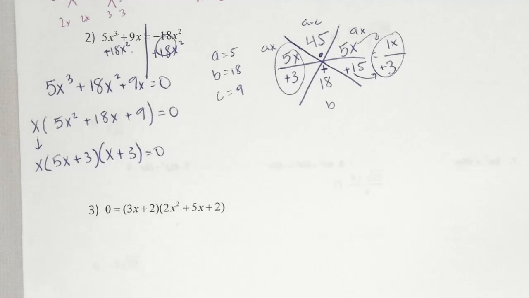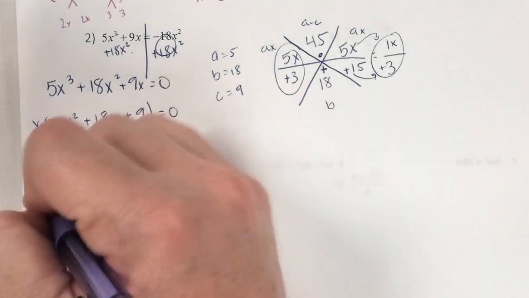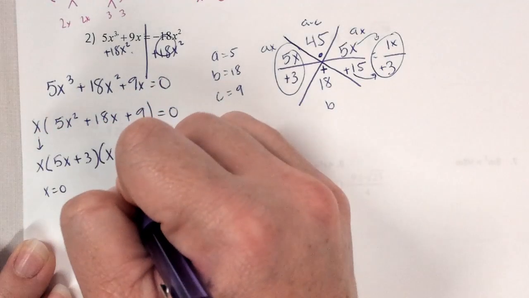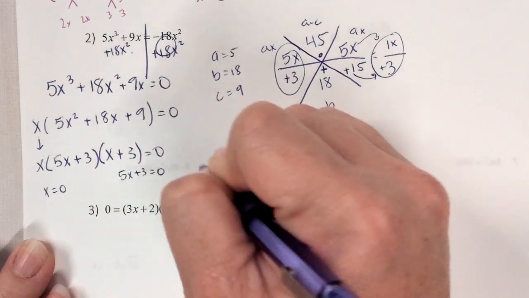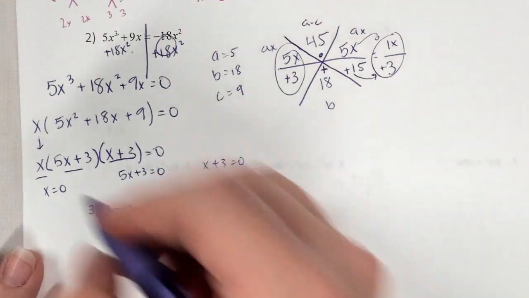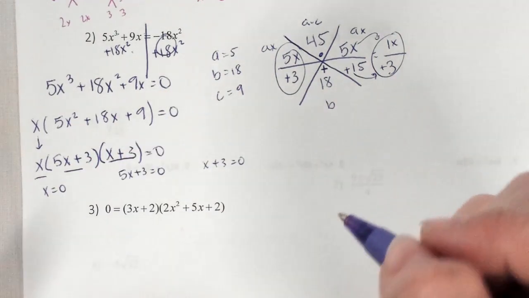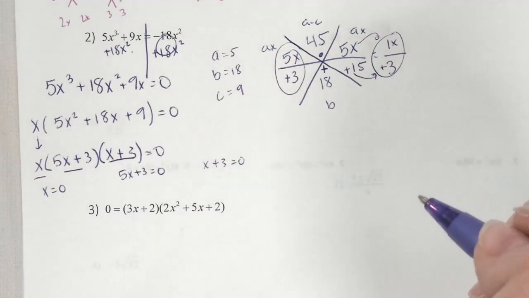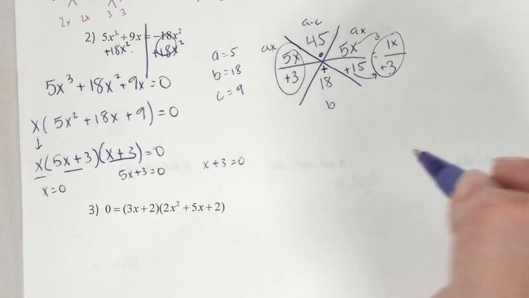And now we have 3 factors, and now we set them all equal to 0 and solve. So we have x equals 0, we have 5x plus 3 equals 0, and we have x plus 3 equals 0. My 3 factors. So I know 0 is one of my answers. Now 0 is going to be an answer quite a bit because of the problems we're choosing. However, it is not always a 3rd factor, okay?